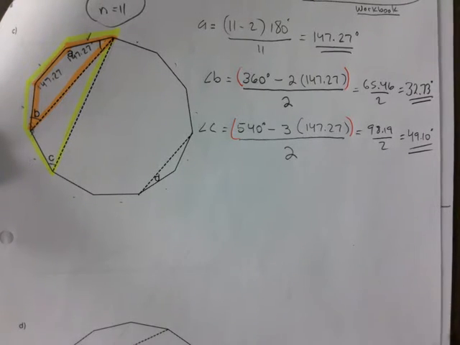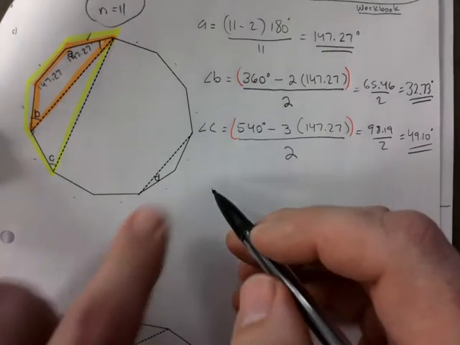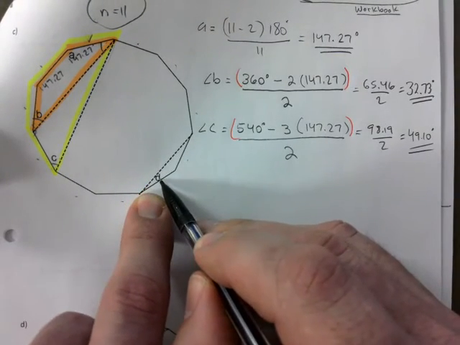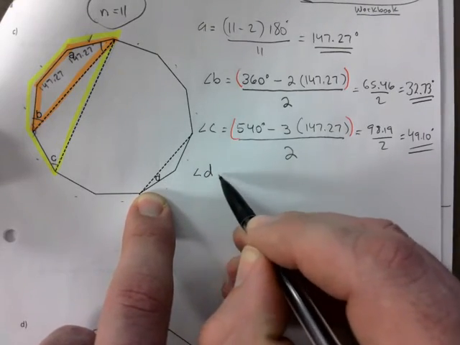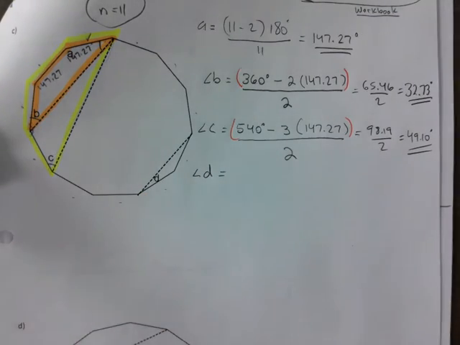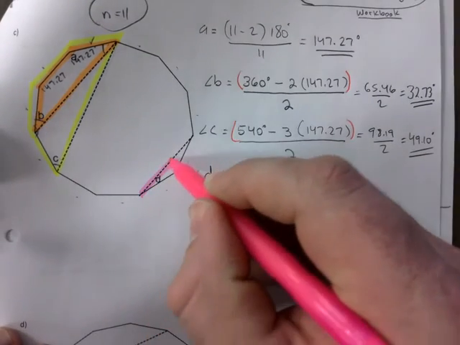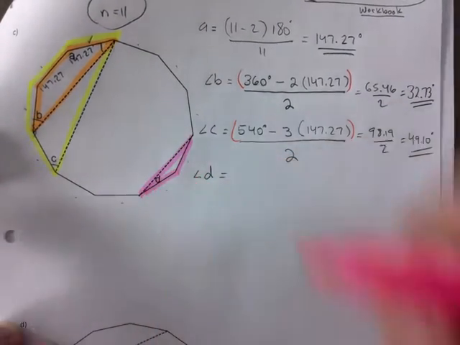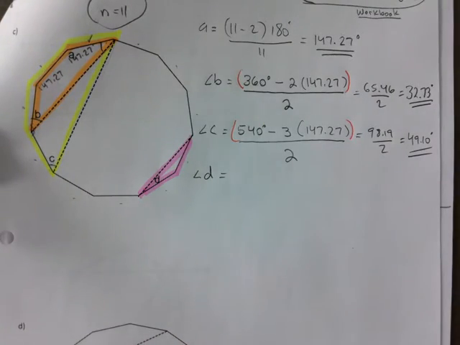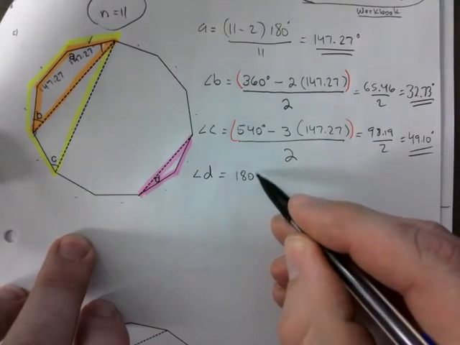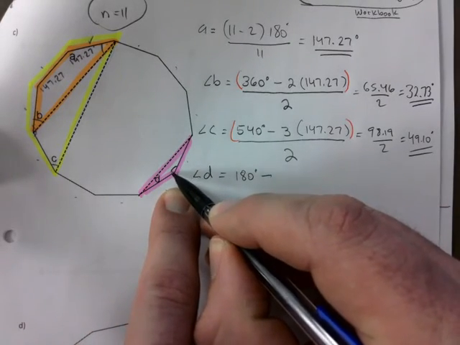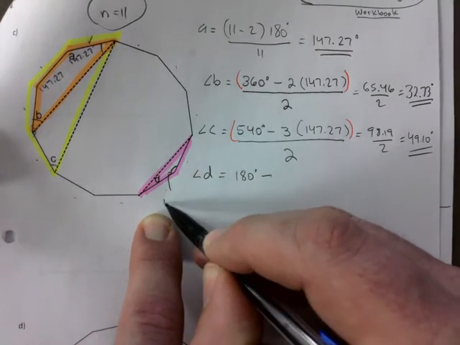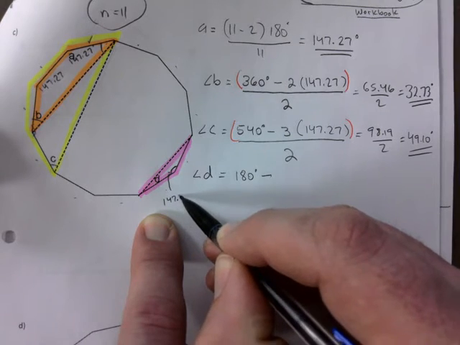We're on a roll without a script, right? D is probably the one you would have wanted to find first. Angle D is right there. That's a triangle, so I'm going to start with 180 and subtract one of these, which I know is 147.27.